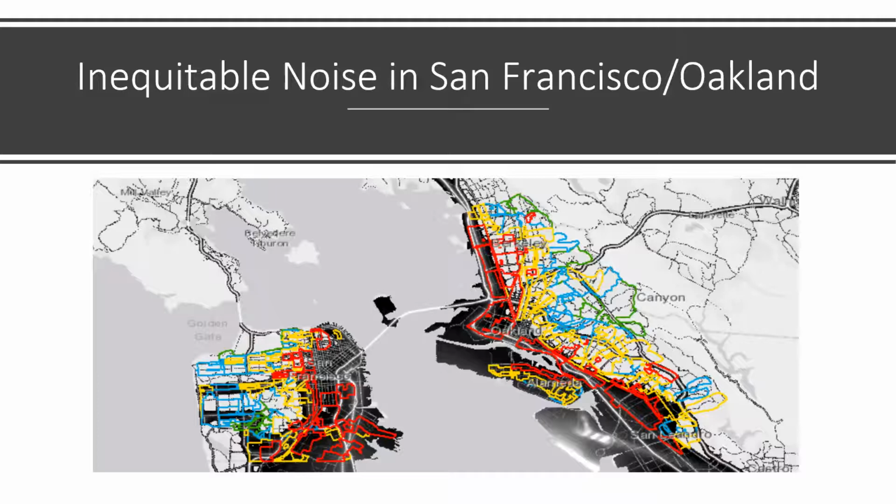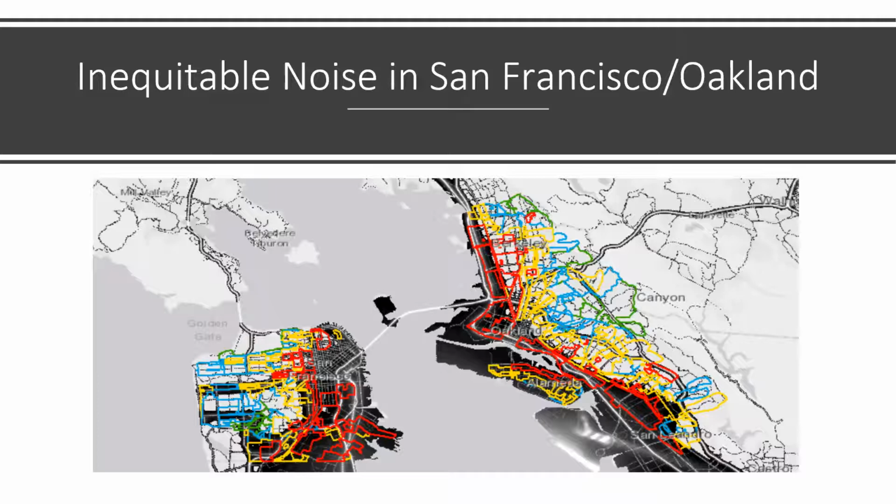So here we're looking at the Bay Area. And again, I've included polygons where the red polygons are showing you areas that have been redlined, and the darker parts on this map are areas with higher noise pollution, and the lighter areas that aren't dark black have low noise pollution.